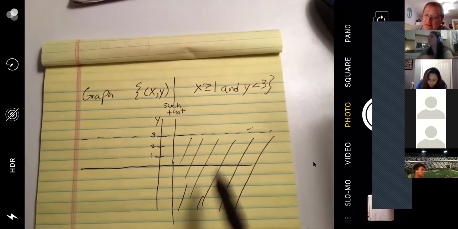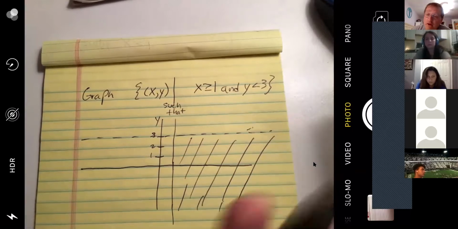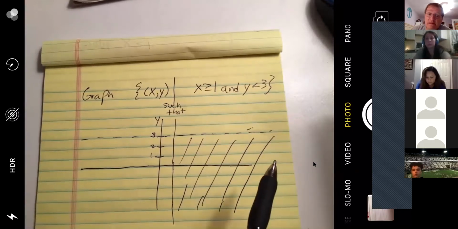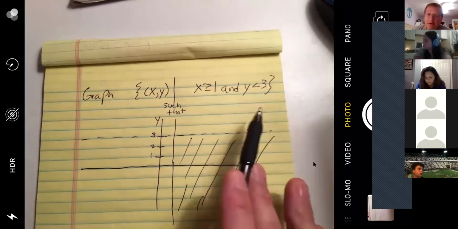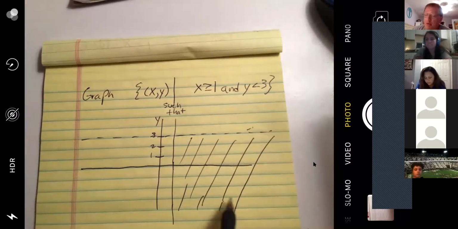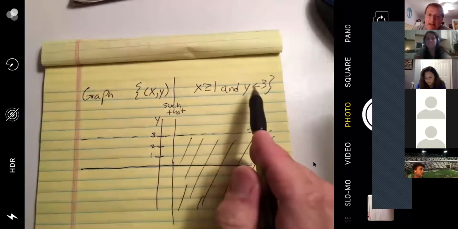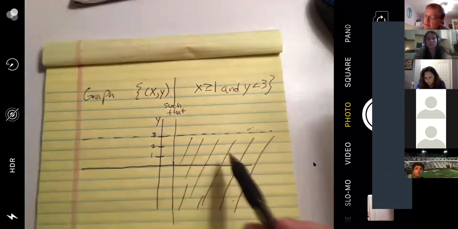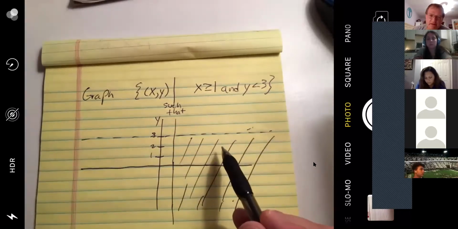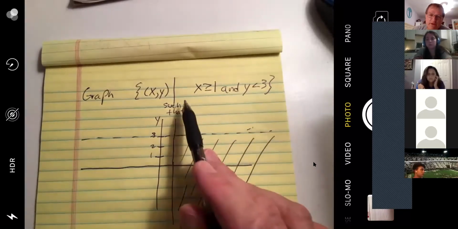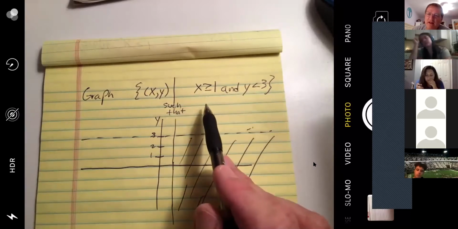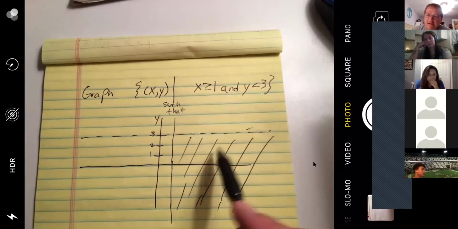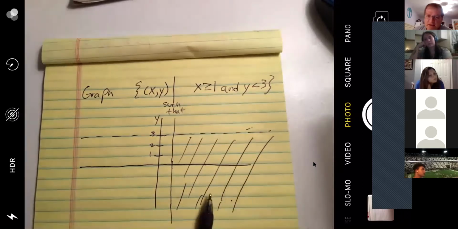You can't do anything like this on the graphing calculator. Graphing calculator only works with formulas. So it's kind of an exercise in simple line graphing, and you know which points are shaded. You've got two simultaneous conditions. Points up here are bigger than or equal to 1, but they're bigger than 3, not less than 3.